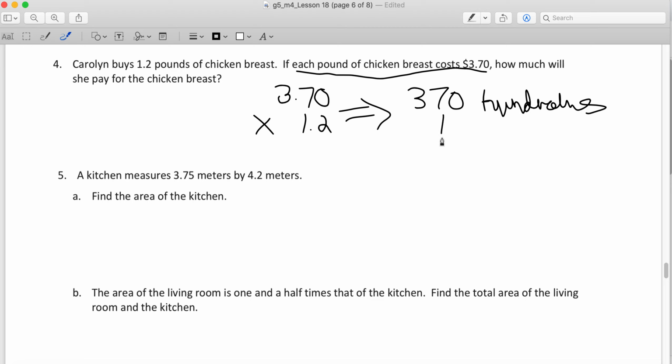So that means that this is 12 tenths. Now, if you're not sure if it's tenths or hundred, come over here and do the conversion because I don't want you to get it wrong. And then this becomes 370 hundredths.